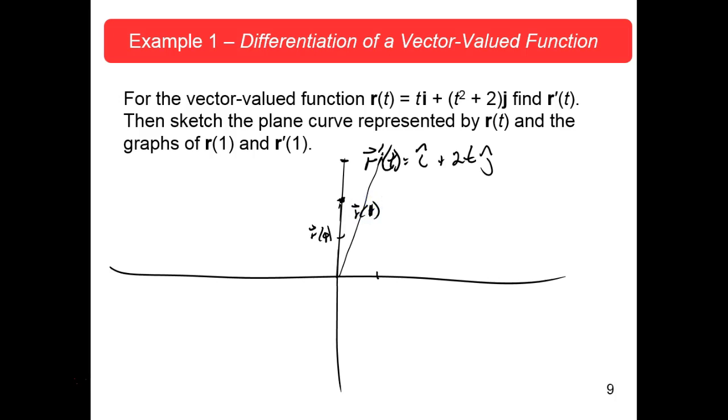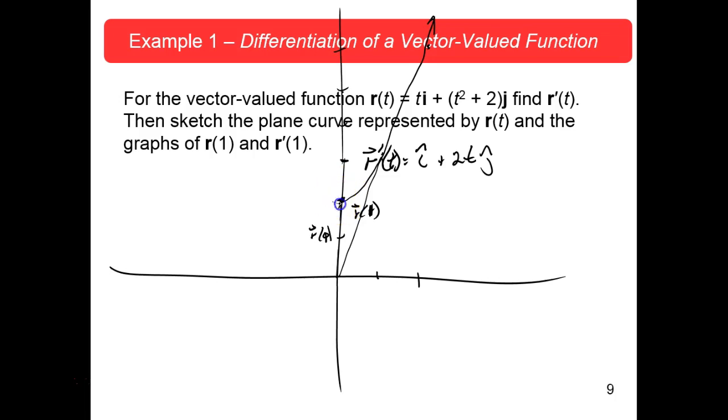How about r of 2? 2i plus 6j. That's 3, 4, 5, 6j, right here. So basically this is half a parabola going in that direction.